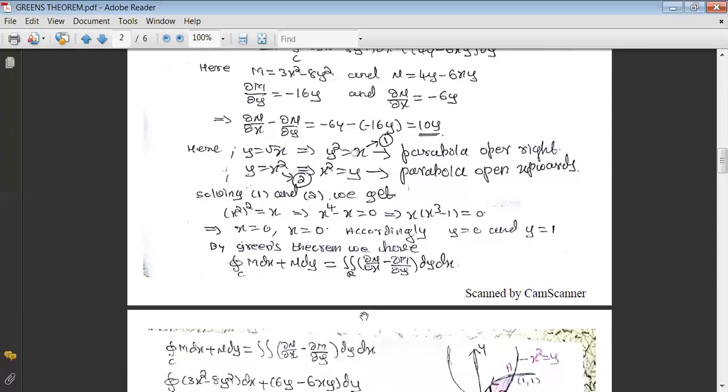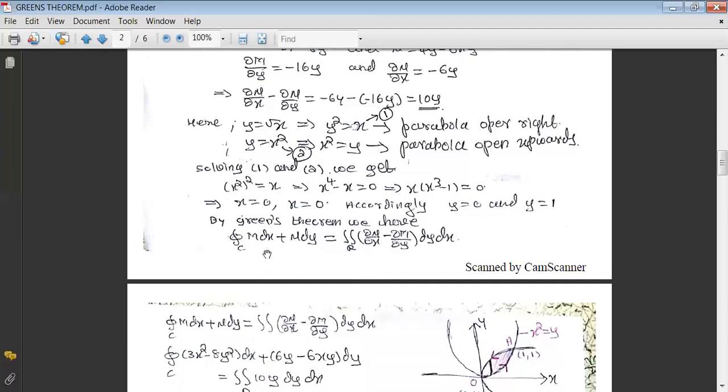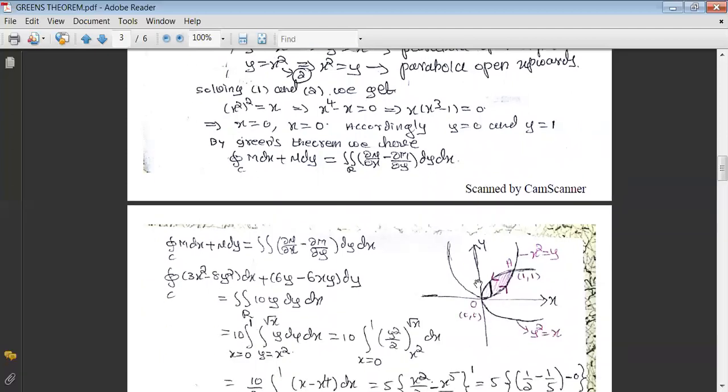Now, by Green's theorem, how can we evaluate the line integral? By Green's theorem we have the integration over the closed curve C of M dx + N dy equal to the double integration over R of (∂N/∂x − ∂M/∂y) dy dx. One curve is y² = x and the other curve is y = x². Therefore, this is the closed region.